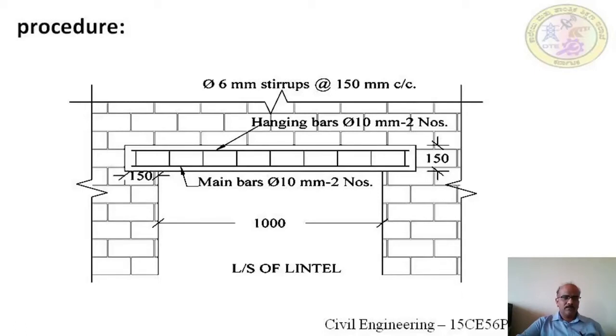The reinforcement consists of 4 bars of 10 mm dia, 2 bars at the bottom and 2 bars at the top. Hanging bars, 2 numbers, 10 mm dia, and the main reinforcement 10 mm dia, 2 numbers, and 6 mm dia stirrups are provided at 150 mm center. This shows the longitudinal section of a lintel.